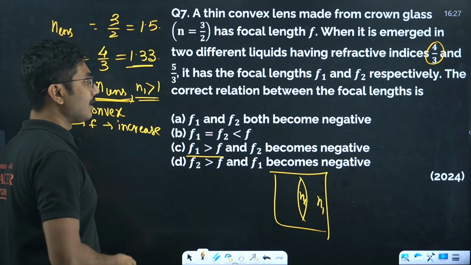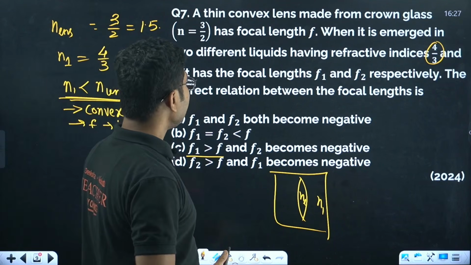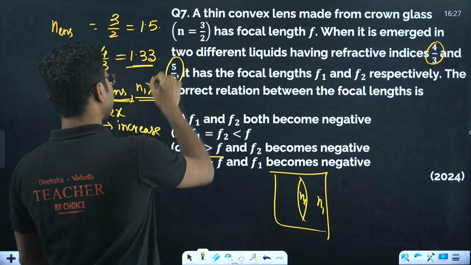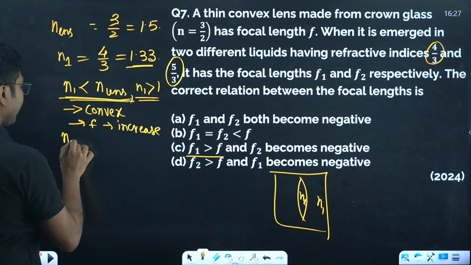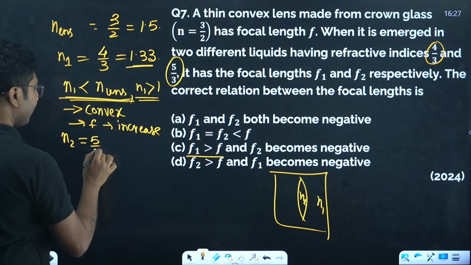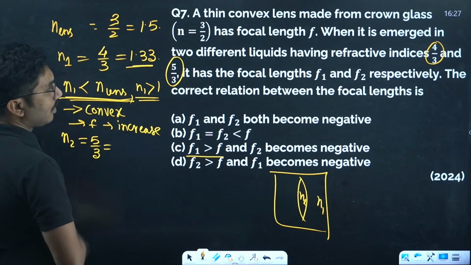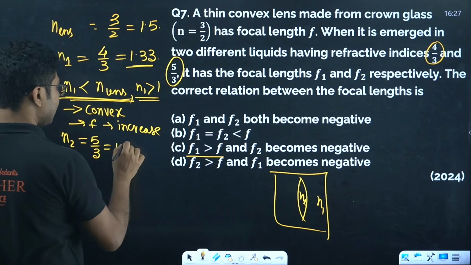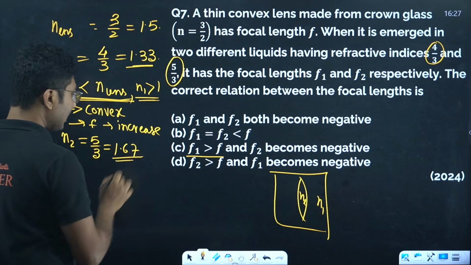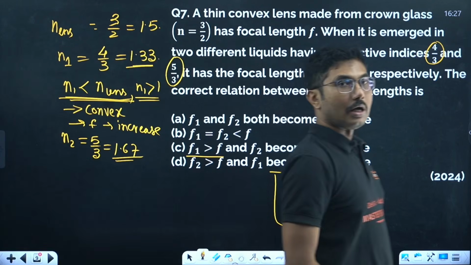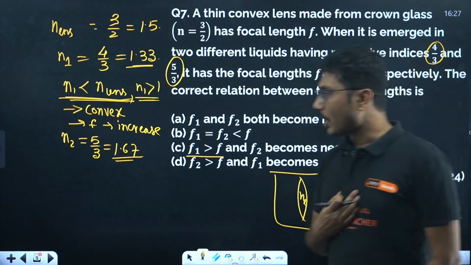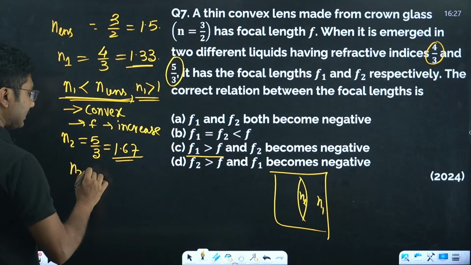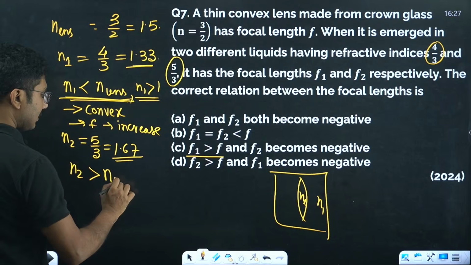Let's check the second thing. In two different liquids having refractive indices 4/3 and 5/3, now let's check the second liquid. 5/3 is approximately 1.67. Obviously the second refractive index is greater than that of the lens.